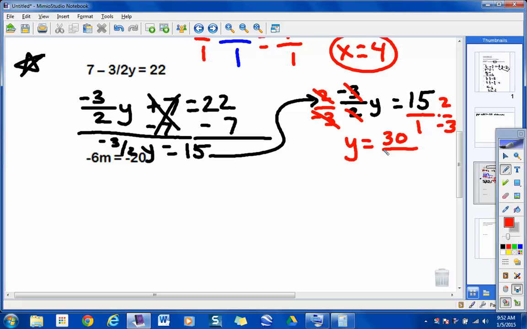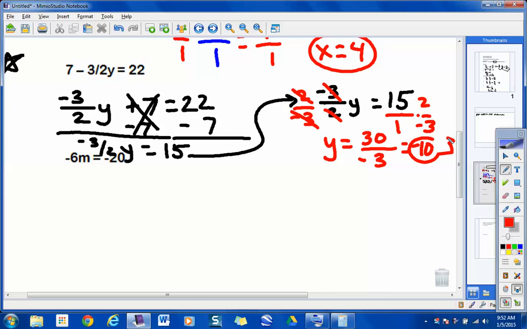So my solution, let's take 30 and divide by negative 3 and see where that puts you. It'd be negative 10, right? Okay, so your value here is negative 10. I want that. So all right, y equals negative 10.